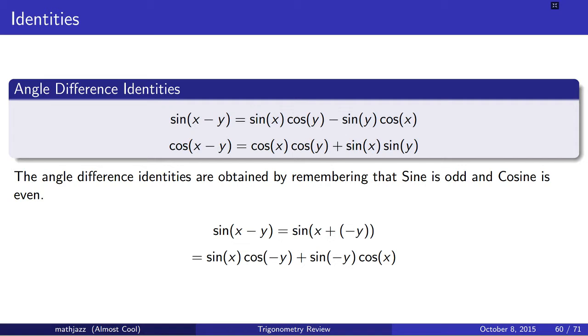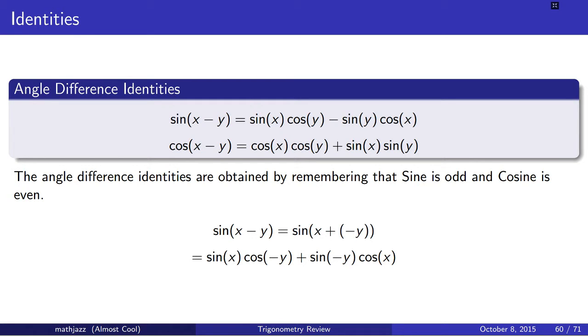The first thing that we do is we realize that sine of x minus y is the same as sine of x plus negative y, and then we use the angle sum identity, so we get sine of x cosine of negative y plus sine of negative y cosine of x. From here, since cosine is an even function, cosine of y equals cosine of negative y, so we can just swap this cosine of negative y for cosine of y.